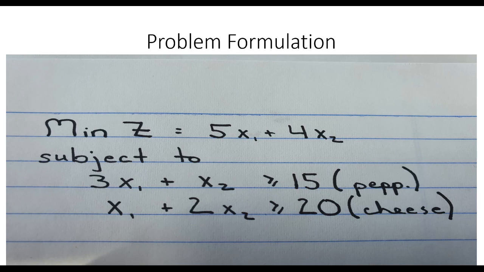Minimize z equals 5x1 plus 4x2, subject to 3x1 plus 1x2 greater than or equal to 15, which is the amount of pepperoni we require. And our second constraint, x1 plus 2x2 is greater than or equal to 20. And that is the minimum cheese that we require.